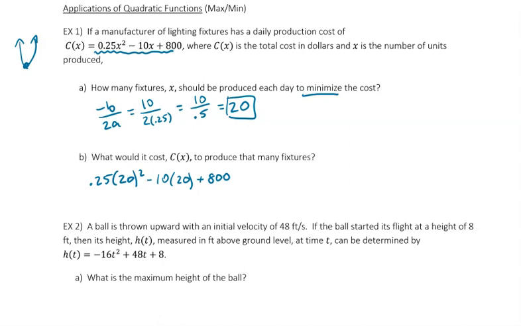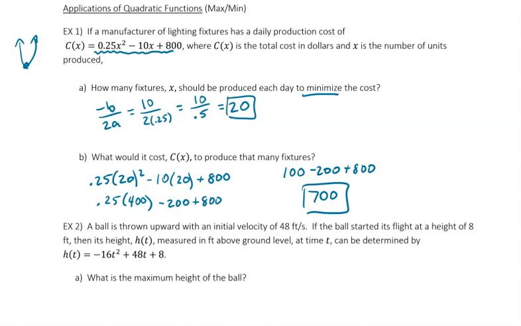If we go ahead and start simplifying, this is going to be 0.25 times 400 minus 200 plus 800. 0.25 times 400 would be 100. If we add all of these up, we get 700.